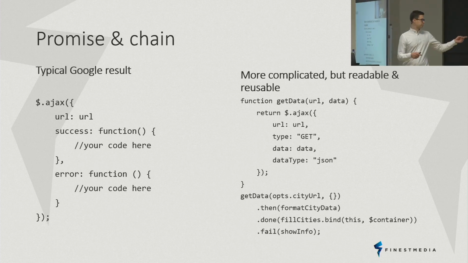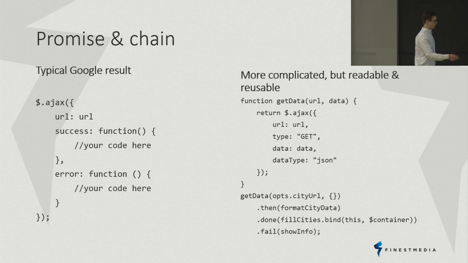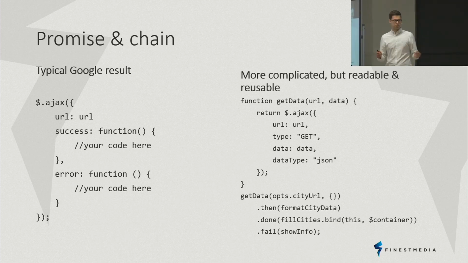Down there, you can see that we are passing the city URL and an empty object, so no extra parameters. This example is about addresses. Imagine that you would like to fill a drop-down or select with a list of cities.